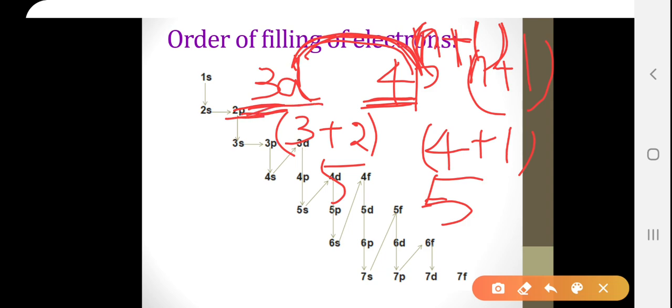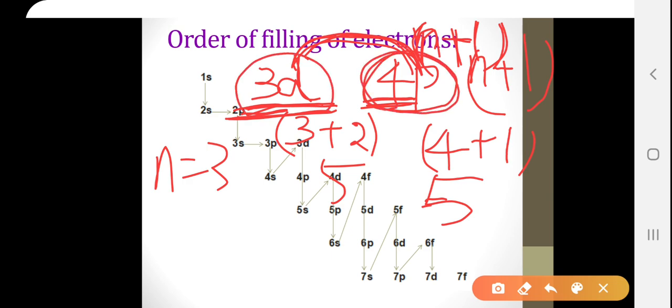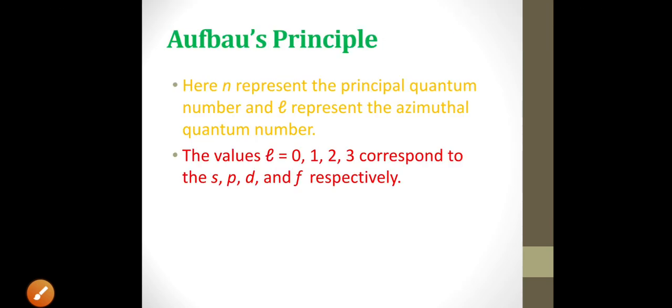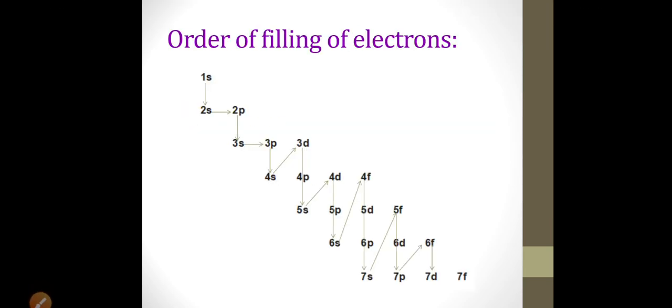So 3d contains the lower value, n equals 3. So first the electron enters 3d, then the electron will enter 4p. So this is the second rule. So this is the order of filling of electrons.